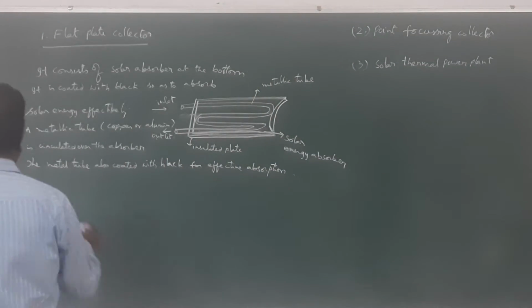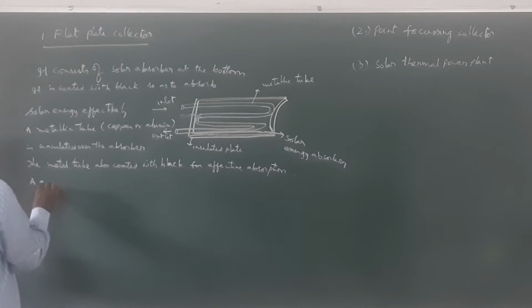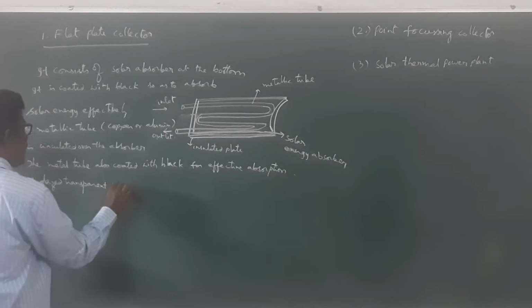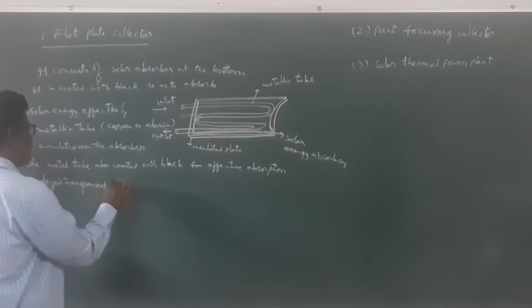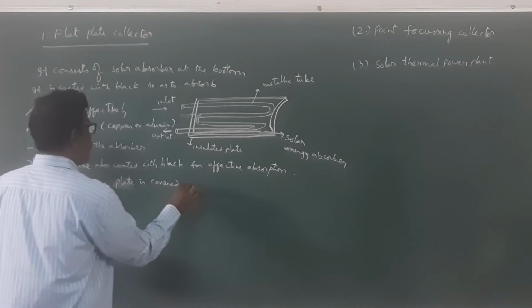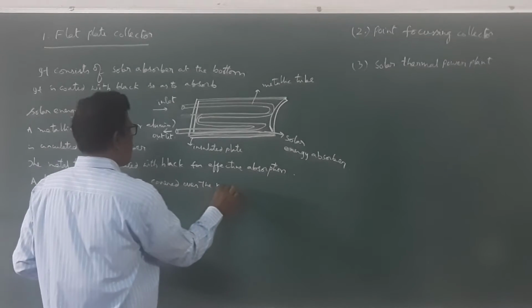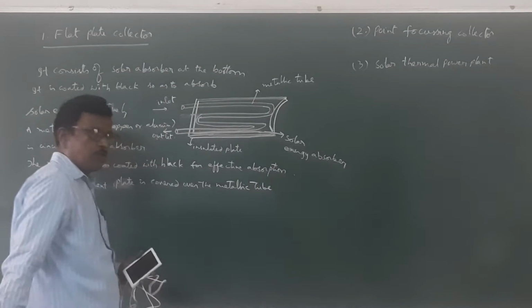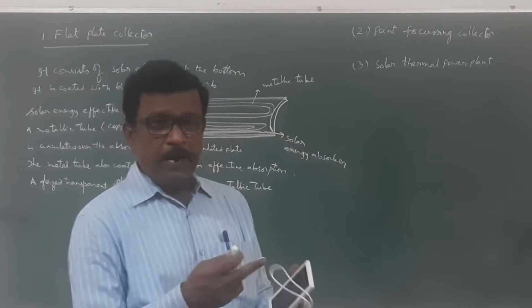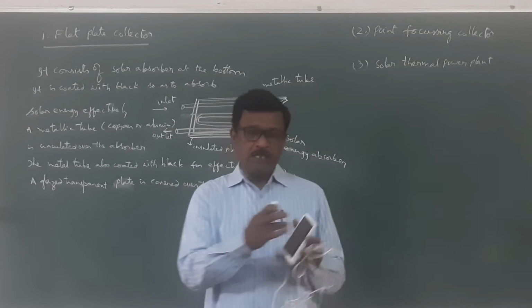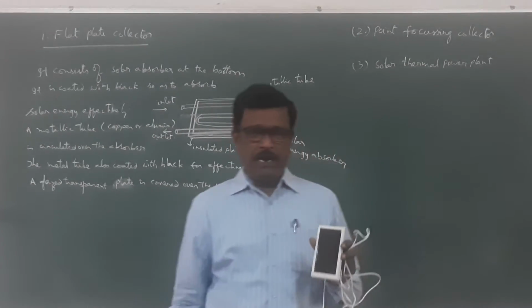Therefore, over the metallic tube, a glazed transparent plate is covered. This glazed plate prevents the further escaping of solar radiation that is incident over the solar panel.